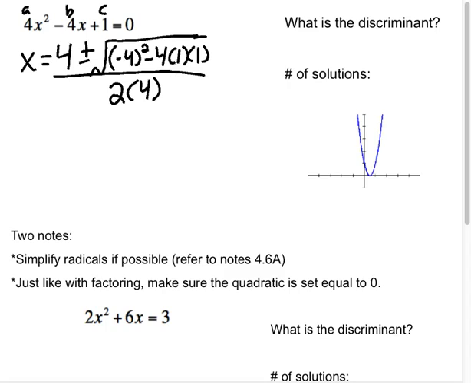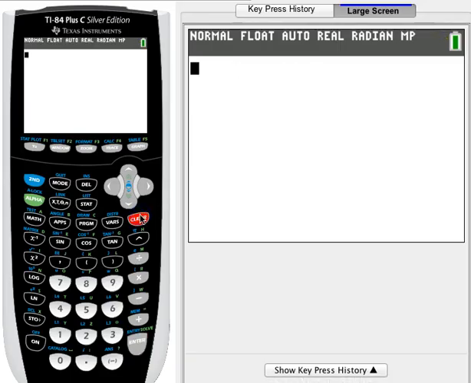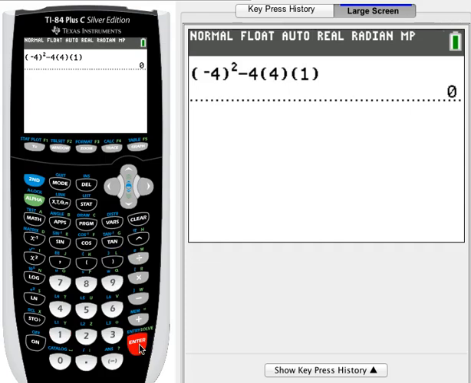Again, the first thing I want you to simplify is that bit right in there. I want you to type that into your calculator and get an answer for me. So negative 4 squared minus 4 times A times C. And here you're getting 0.